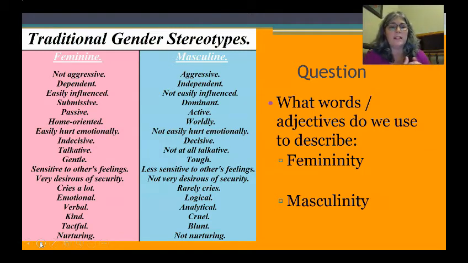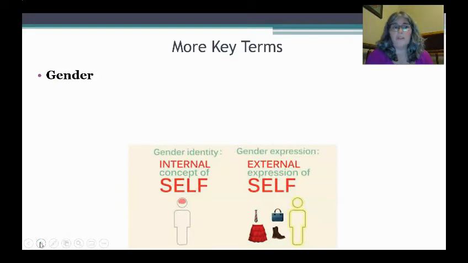You can read down that list. More emotional, more kind, more nurturing. For masculinity, more aggressive, more independent, not easily influenced, and all the way down to more logical, analytical, cruel, and blunt. And again, that is a societal label that we tend to attribute to these different genders.